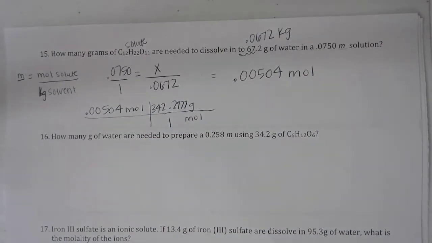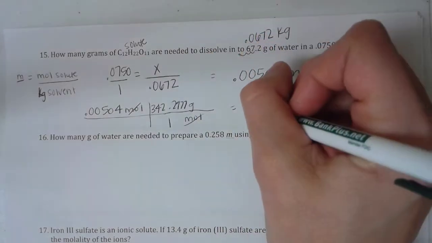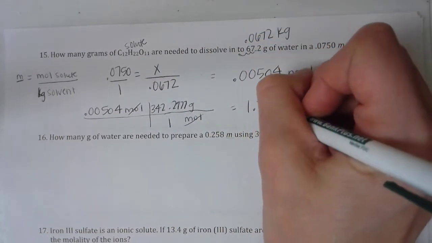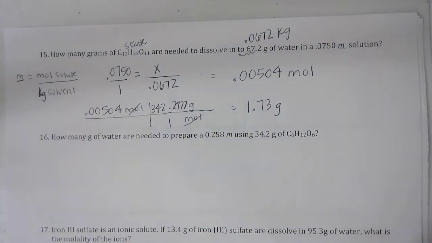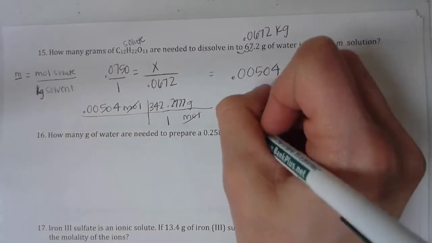So I'm just going to multiply that, and I get 0.00504 times 342.2977, and that's going to give me 1.73 grams, and that's of your solid.